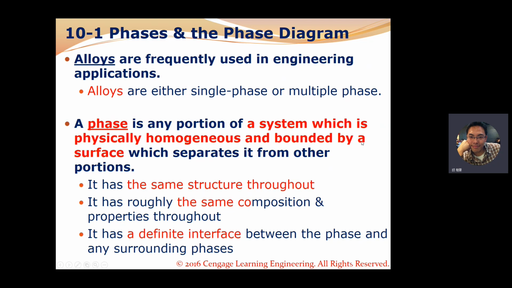So we already know what a phase definition is. A phase is any portion of a system which is physically homogeneous and bounded by a surface which separates it from other portions.